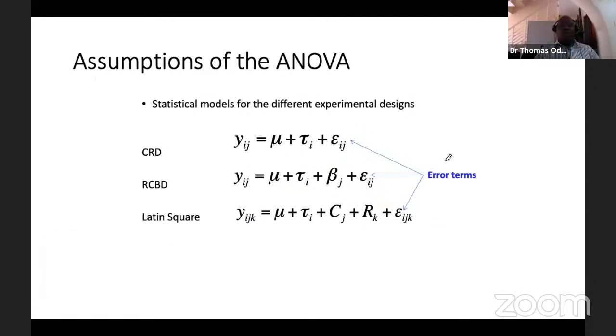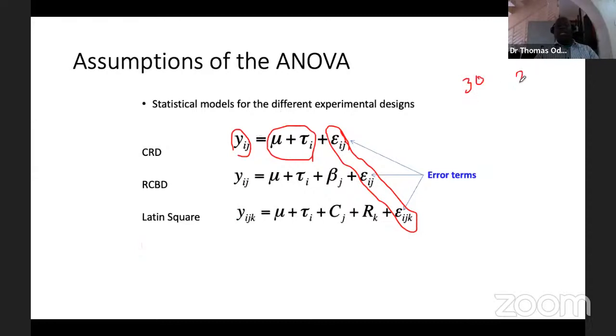As you change the model, of course, in statistics, when we are talking about assumptions, we are always very much interested in what we call the error term. The error term is the difference between the value that you have observed and what your model will estimate or predict. So if you observe a value of 30 and your model said the value should be 29, the difference between these is 1.